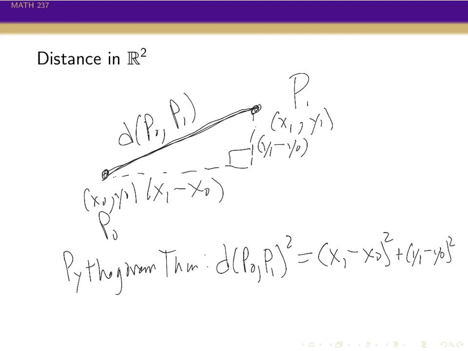And if we want to solve for this distance by itself, the distance between the 2 points is then just going to be the square root.